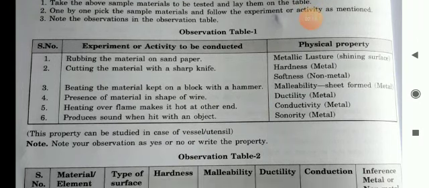Second, cut the material with a sharp knife. If metal or any material cuts with the knife, then it is soft, and if it does not, then it is hard. And the hard materials are metal and soft materials are non-metal.